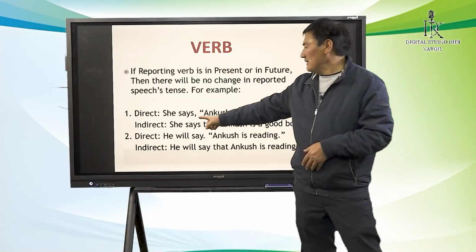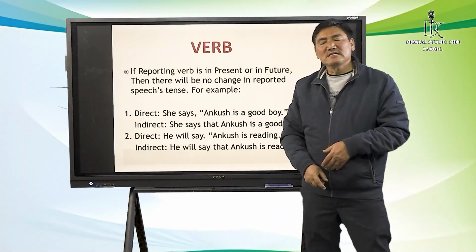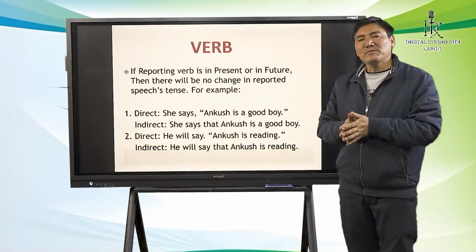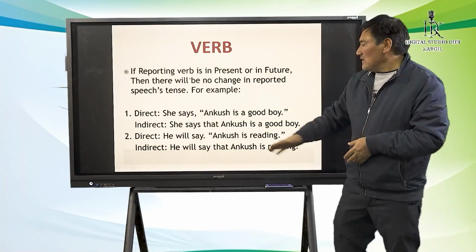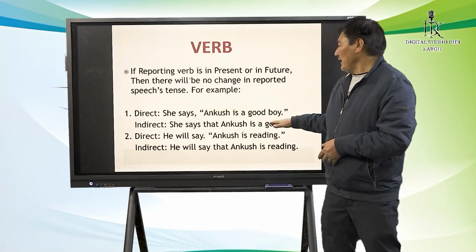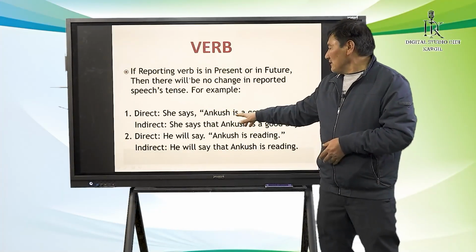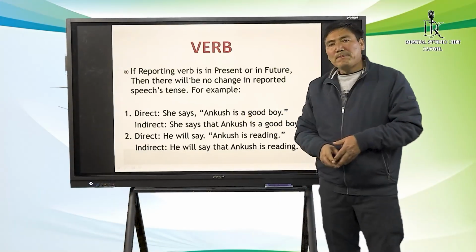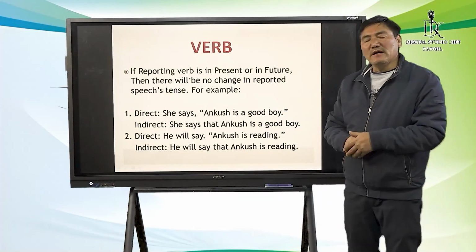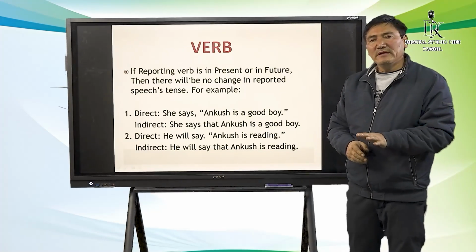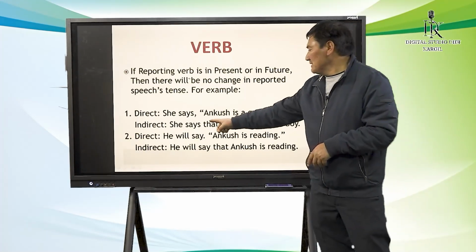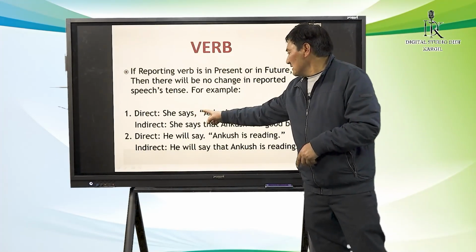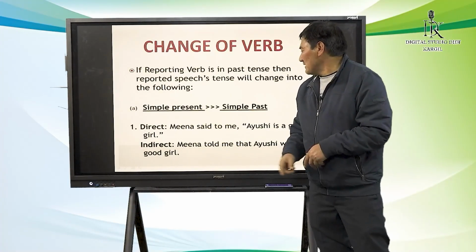Here she says is in the present indefinite or present simple. In this case, in Ankush is a good boy, no change in the tense would happen. Indirect speech: she says that, this inverted commas will be replaced by that.